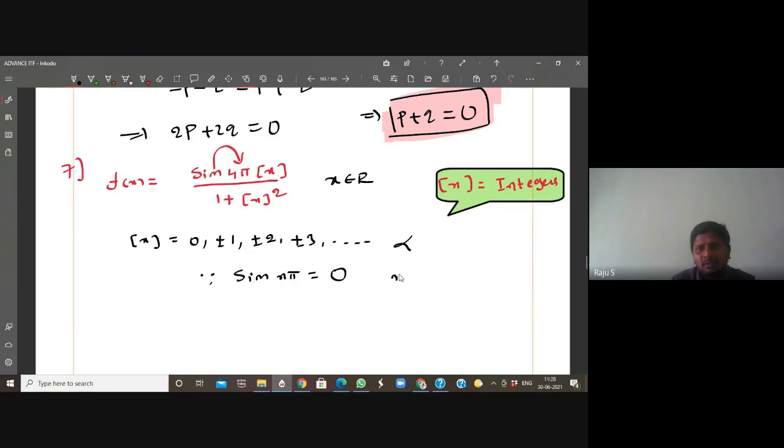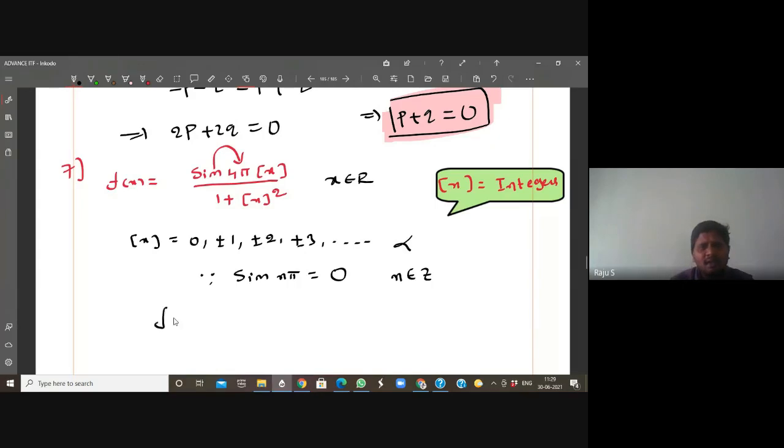n belongs to integers. The greatest integer is always an integer, so it is a multiple of pi, like 4 pi, 8 pi, minus 4 pi, whatever it is. Anyhow, this value is completely 0.